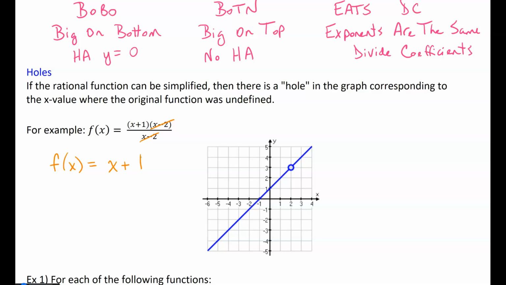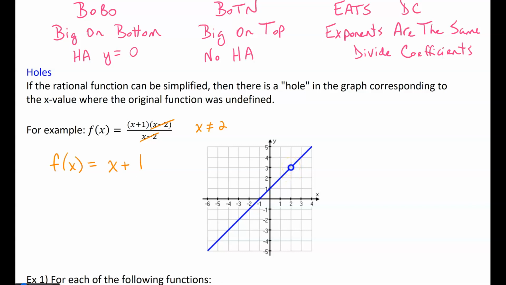But we have to keep in mind that the original function did have an x minus 2 in the denominator, so x cannot be 2 because it is undefined at that point. Right. And so our graph is going to look just like the simplified graph, except we have a point where it is undefined, and we indicate that point by creating a hole there.